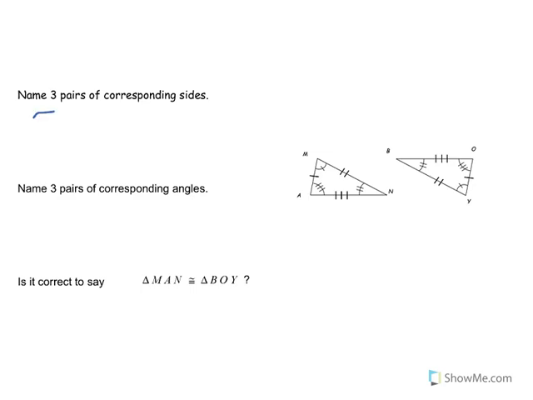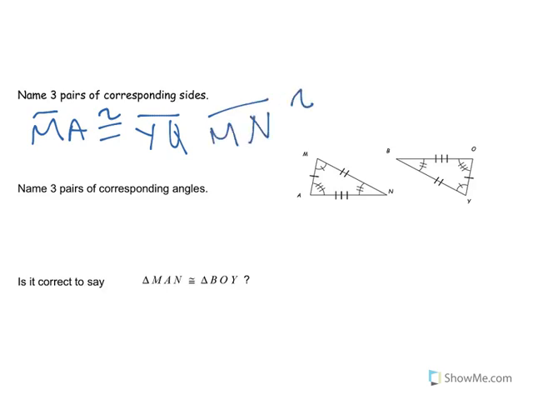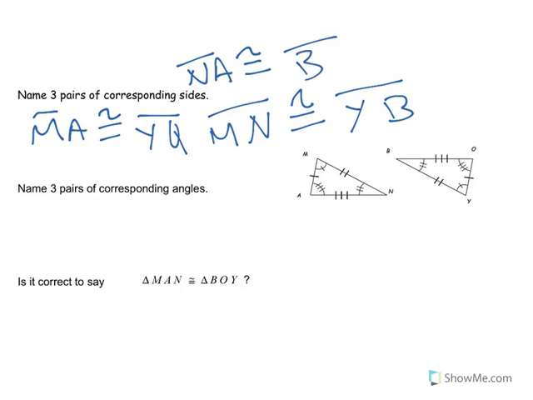We say that segment MA is congruent to segment YQ, and then segment MN is congruent to segment YB, and another one, segment NA is congruent to segment B, not Q. So I'm going to change this to an O.